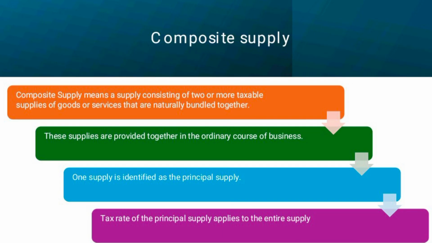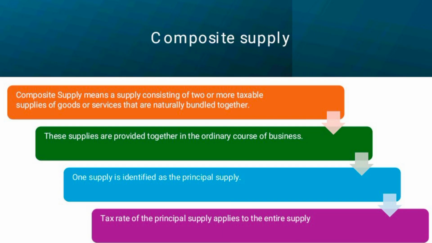Let's go through an example. Suppose mobile and charger. Mobile and charger, it is a case of composite supply. Means these two are naturally bundled, and the principal item is mobile.